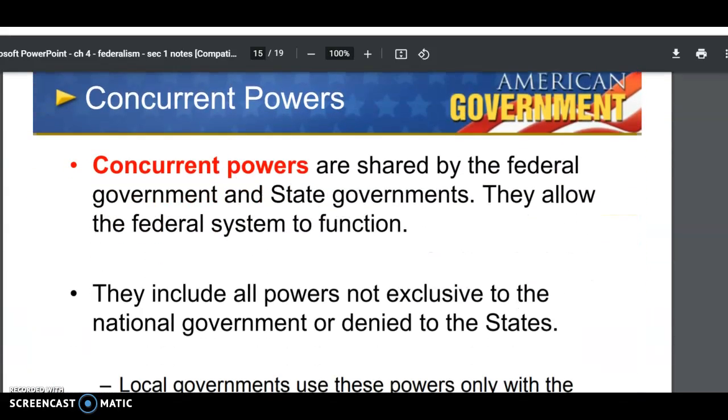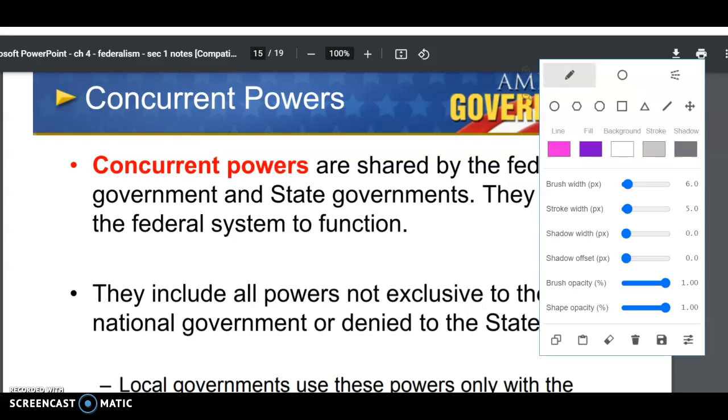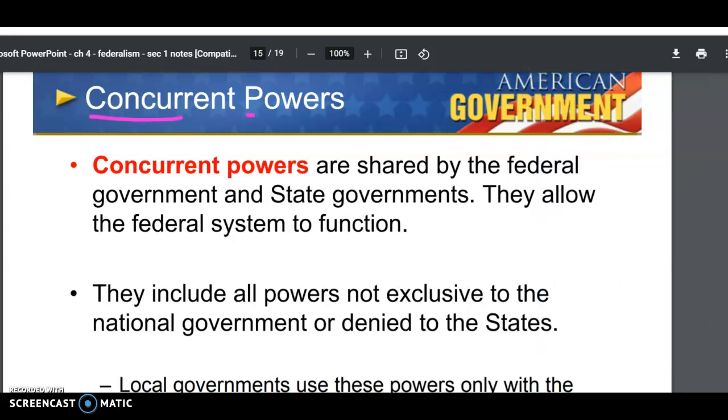So another type of power is concurrent power, and concurrent means together. So concurrent powers, we're going to write out our definition, are shared by the federal government and state governments. That's what it means. These powers are shared by both the federal government and the state government. They allow the federal system to function.